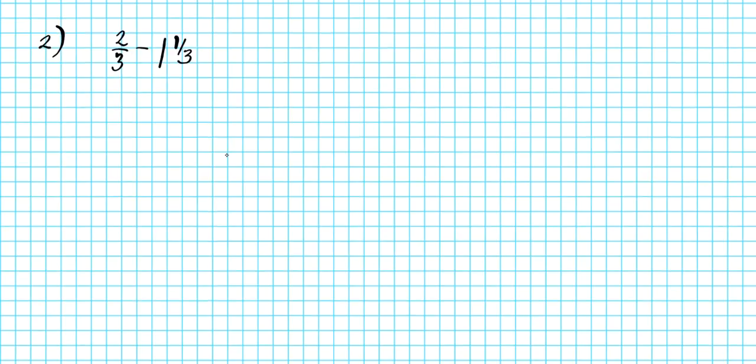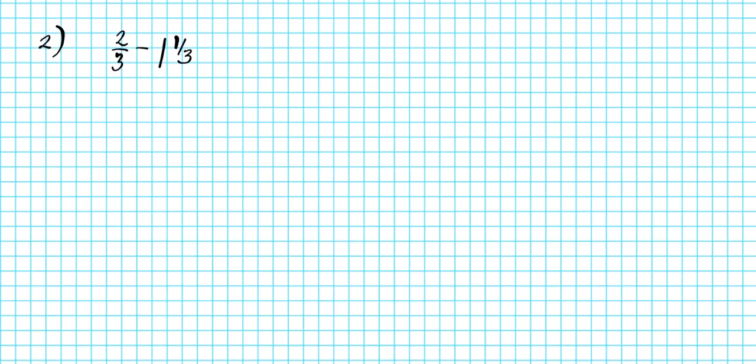Alright, let's consider question number 2. What if we were to find the difference between 2/3 and 1 and 1/3? Okay, now we have a mixed number and a proper fraction. We need to convert the mixed number into an improper fraction before we can combine them.